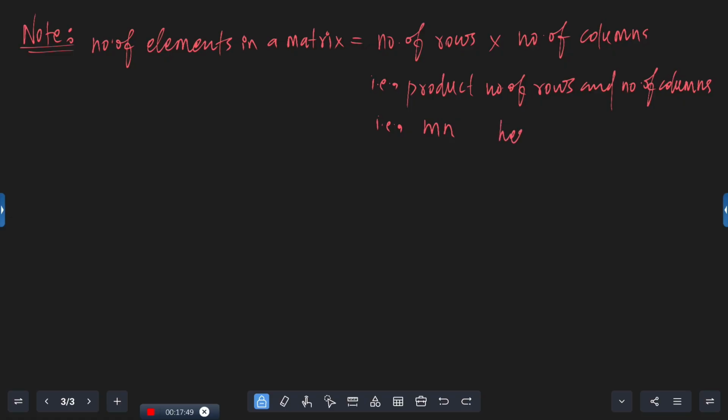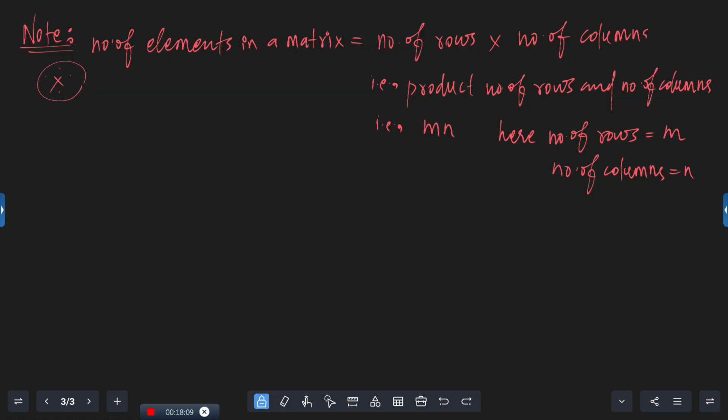Here number of rows is equal to m, number of columns is equal to n. Children, very important note, they will ask in an MCQ question.